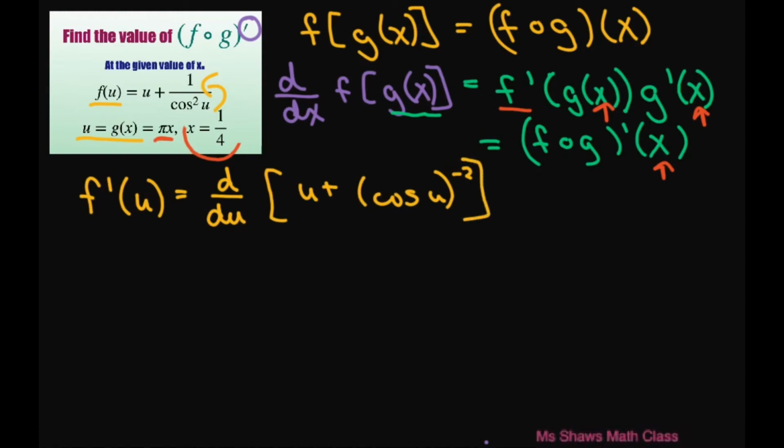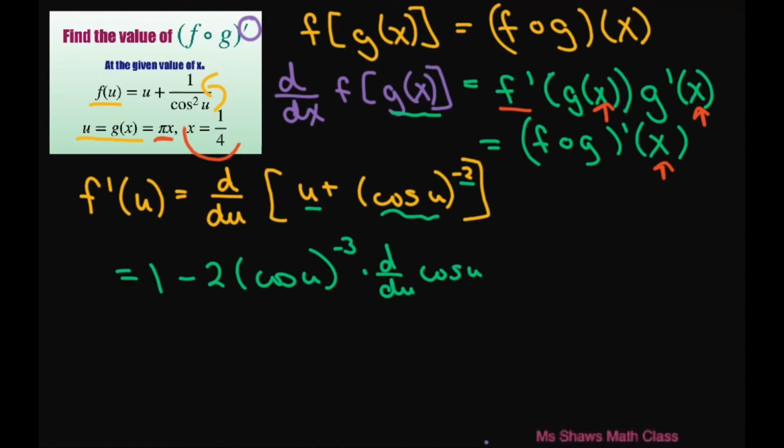All right, and when we differentiate, this is going to be 1, and then use your chain rule, -2 cosine of u to the power of -3, and then we're going to differentiate with respect to u the inner function, which is cosine of u. This just equals negative sine of u.